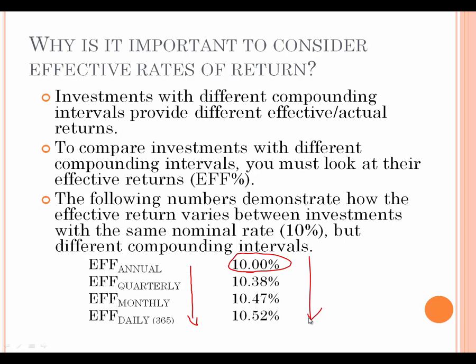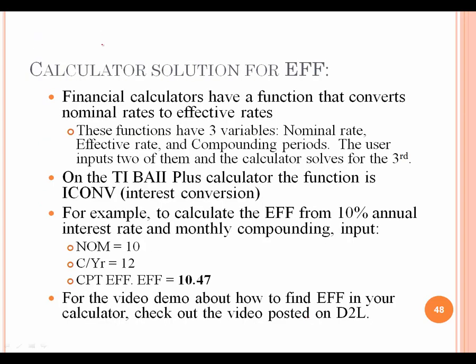If we want to use our calculator to calculate the EFF instead of relying on the formula and doing the manual calculation, there is a function in your calculator that can convert the nominal rate to effective rate really fast. On the TI-BA2 Plus calculator, the function is ICONV.